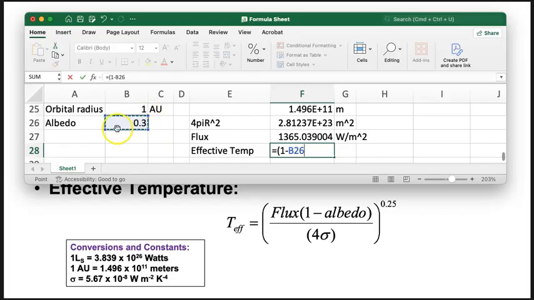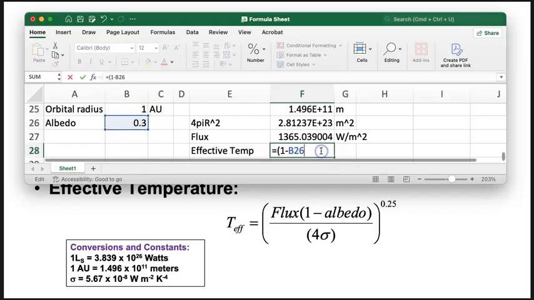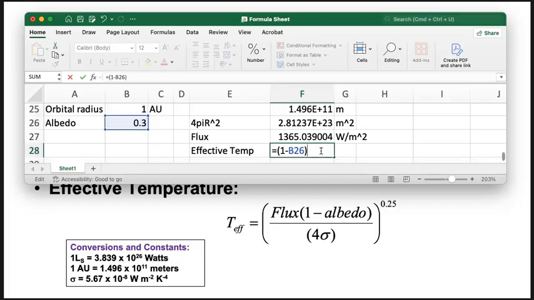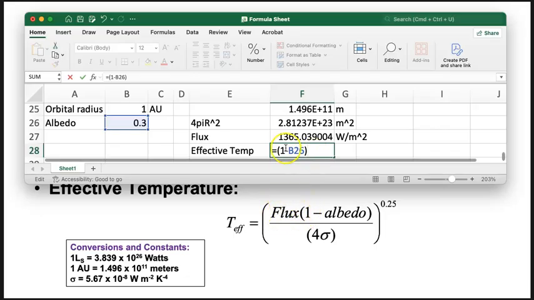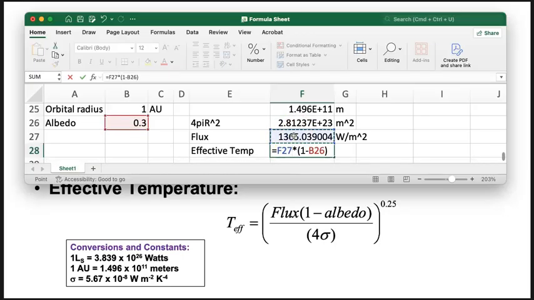It's what fraction of the light is reflected off the planet. So I've got 1 minus the albedo. Okay. And then I take that, I multiply by the flux. So the flux is that right there. So now I've got flux times 1 minus albedo.